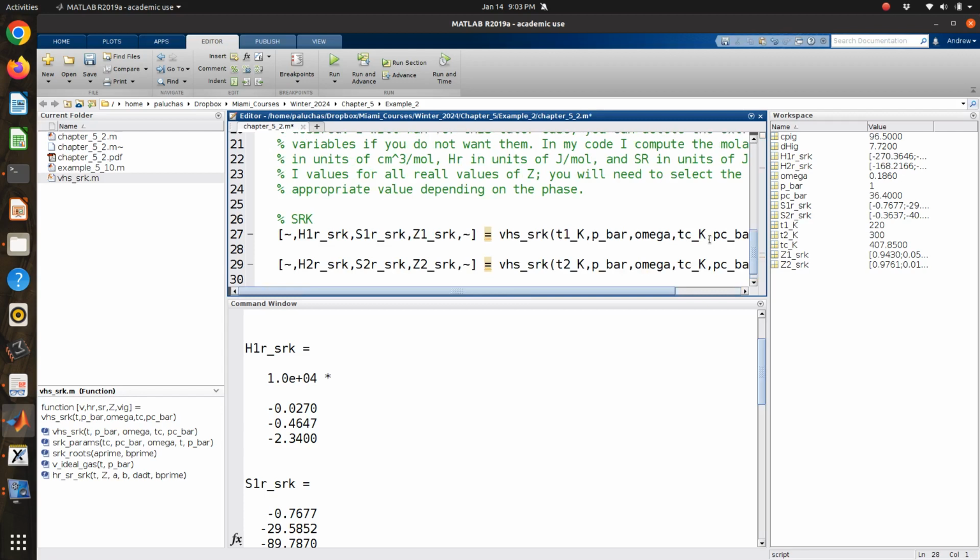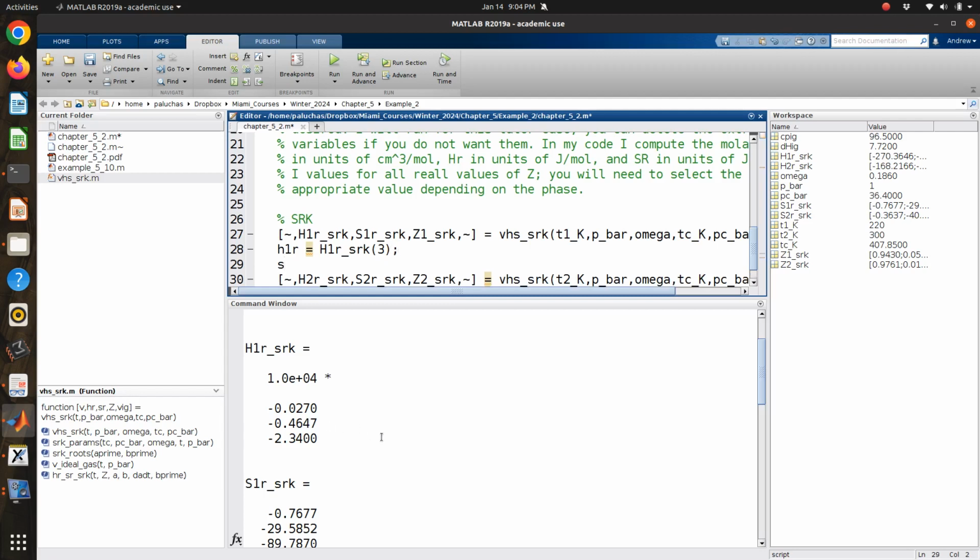I suppress the output, and I'm going to call this H1R equal to, I just want the third root of this, H1R SRK 3. So I just want the third element from that vector. And then I'm going to get S1R. It's also the third root.